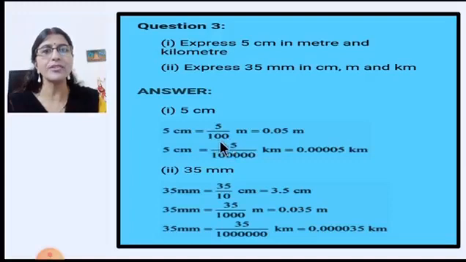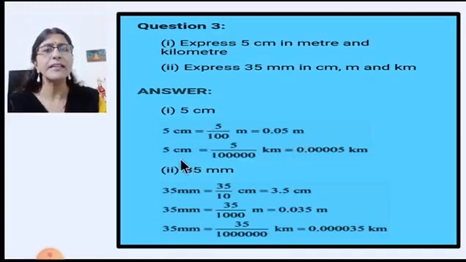There are 2 zeros, so 2 places. So here you can see 1 place, 5 is there, the other place nothing is there, so we will write 0 there. And then before that 0 we have to write the point. And before the point, if you want, you can add 1 zero. So the answer is 0.05 meter. You can see here the unit has changed.